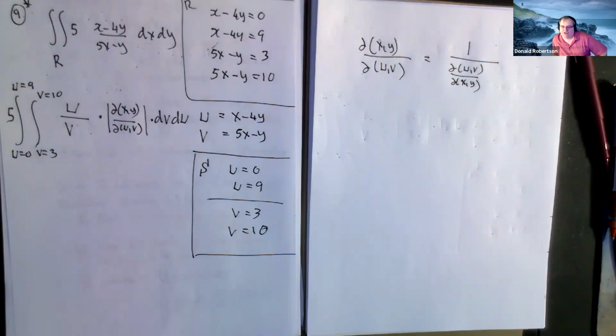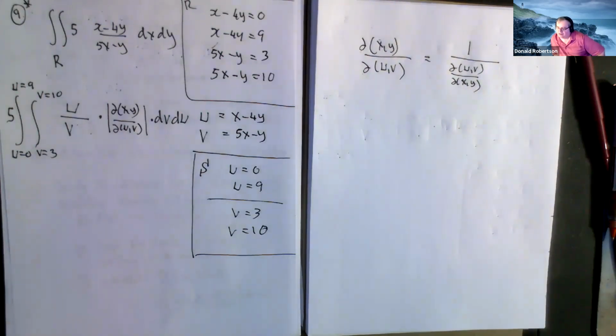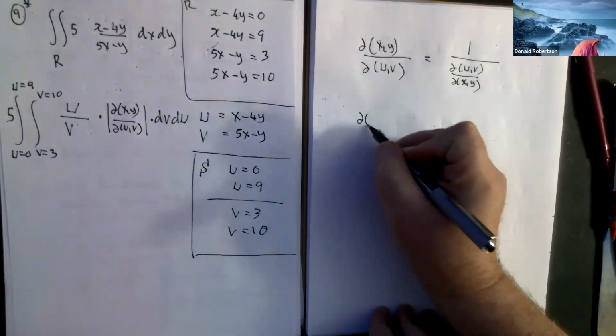I know it's not a fraction, and I've said this to my Calc 2 students, but doesn't this notation behave similar algebraically to the way fractions behave? Basically a reciprocal, isn't it? And so what I'm going to do now is find this one.